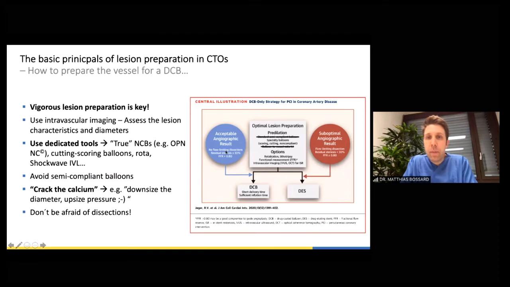But basically, once you've treated the lesion and you don't have a flow-limiting dissection or a residual stenosis of more than 30%, I'm very comfortable that the vessel will stay open.